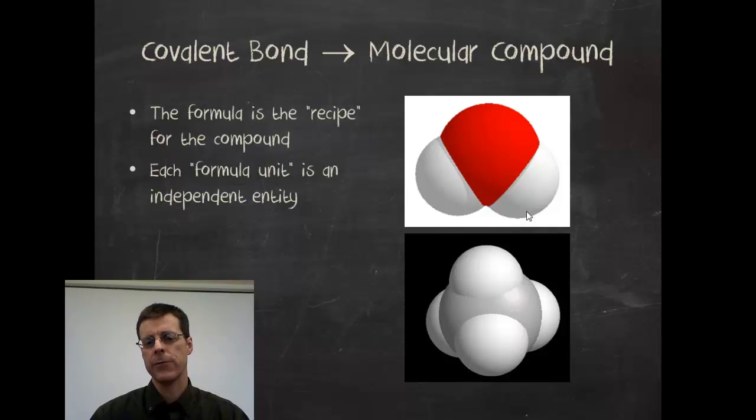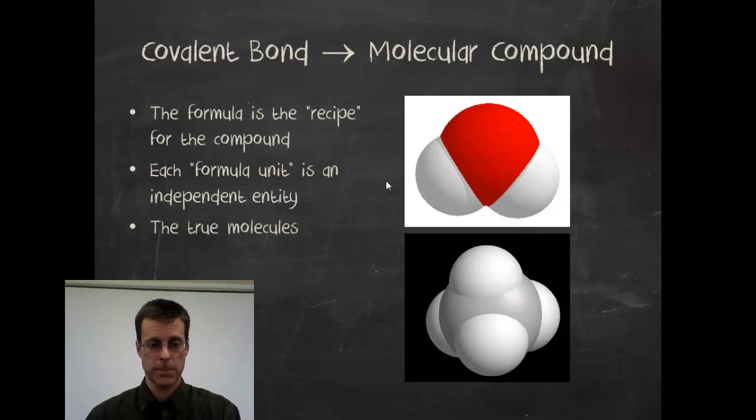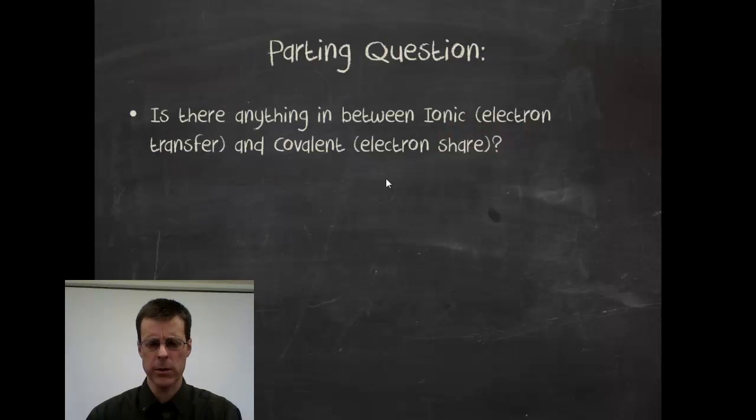And then the formula unit, and again, I don't need to use the word formula unit, but I could, is not an independent thing. So sodium chloride, NaCl, is not, because in a solid structure, I've got lots of each, and then I write the lowest formula. I don't do that for molecular compounds. Whatever the formula is, that's what the molecule is. And these are the true molecules.